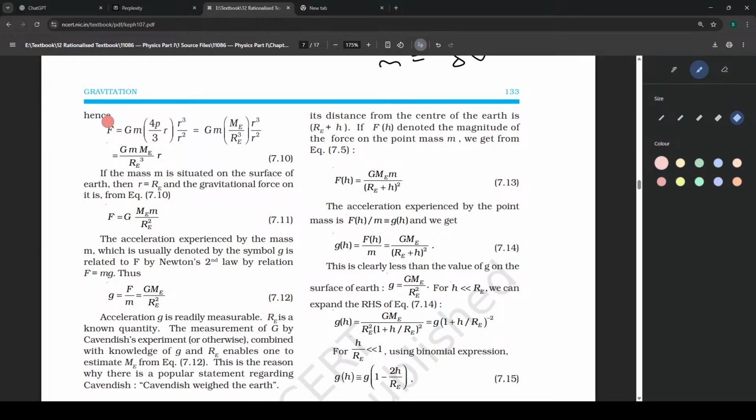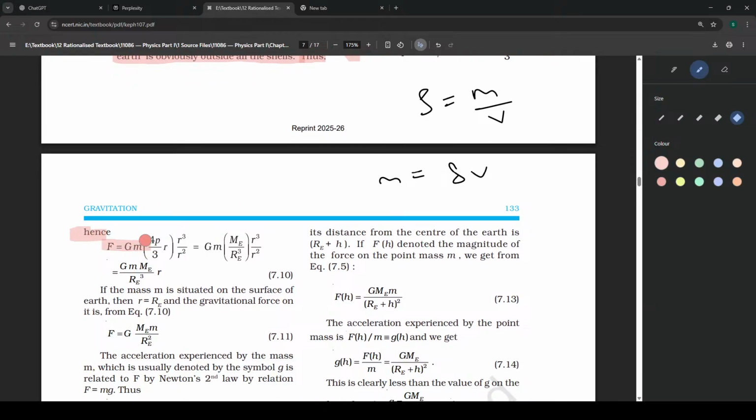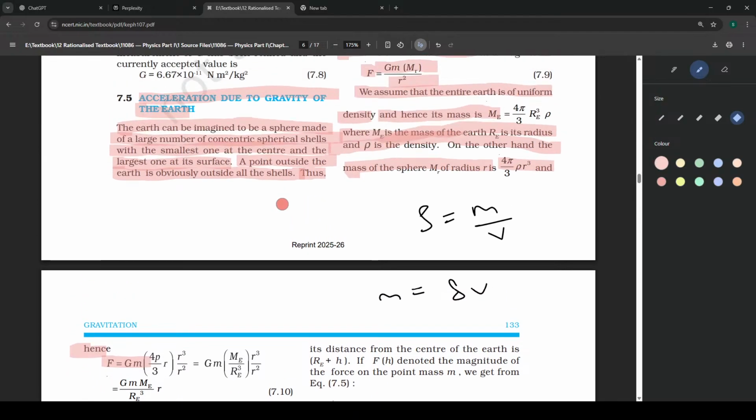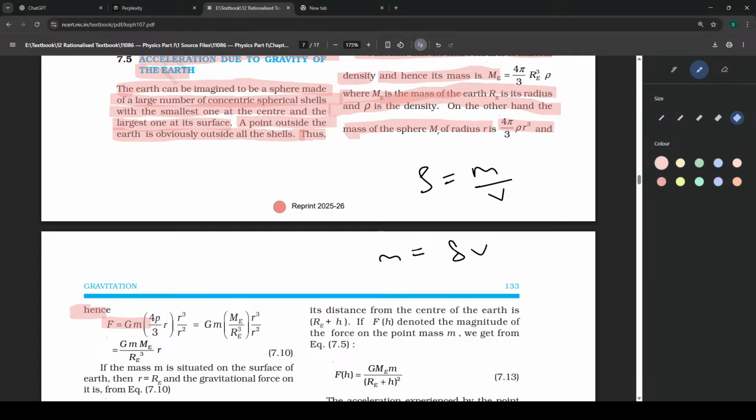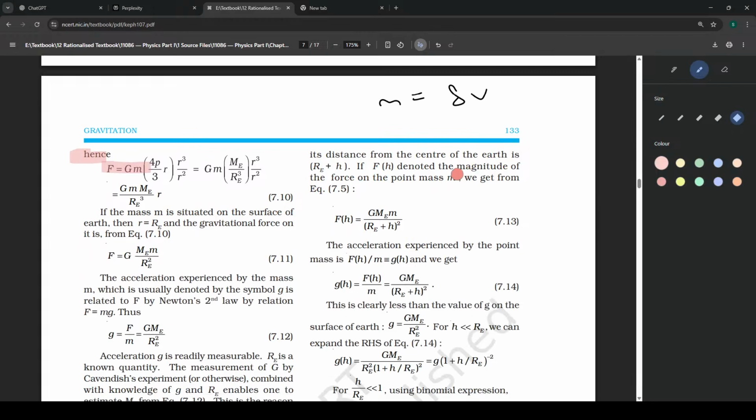And the force equals G m Mr by r square, which gives 4 pi rho r cube by 3 r square. The mass of the sphere is this much, and hence the force is equal to this, and we will get this equation.